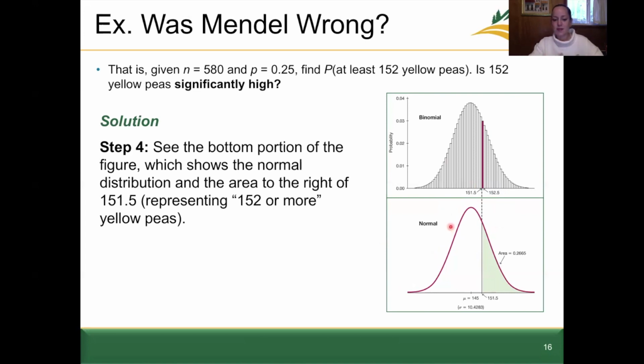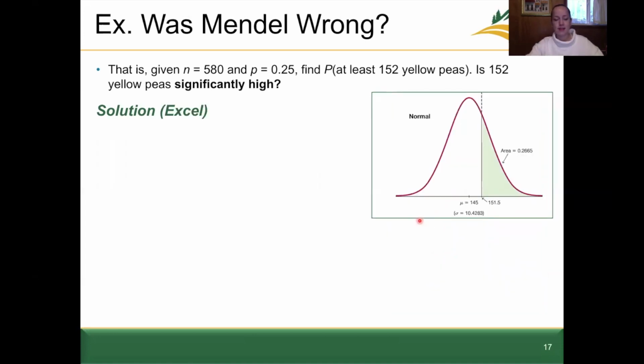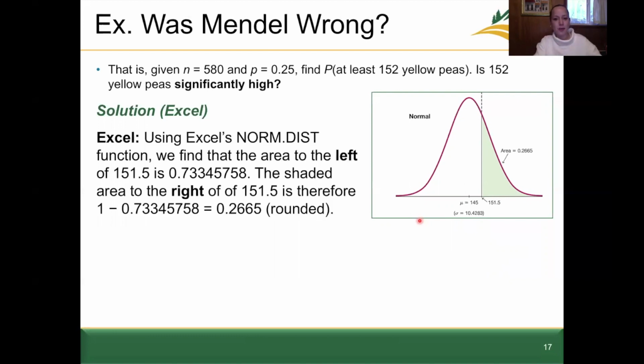At this point, we have a lot of data. Now we want to solve for our answer. One route we can go is using Excel. Because we took binomial probability distribution data and we want to approximate it using a normal distribution, in Excel we're going to use a normal distribution function that you have used before.